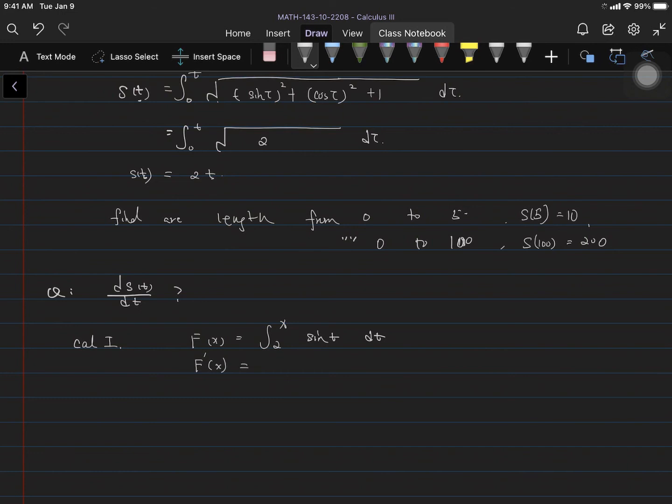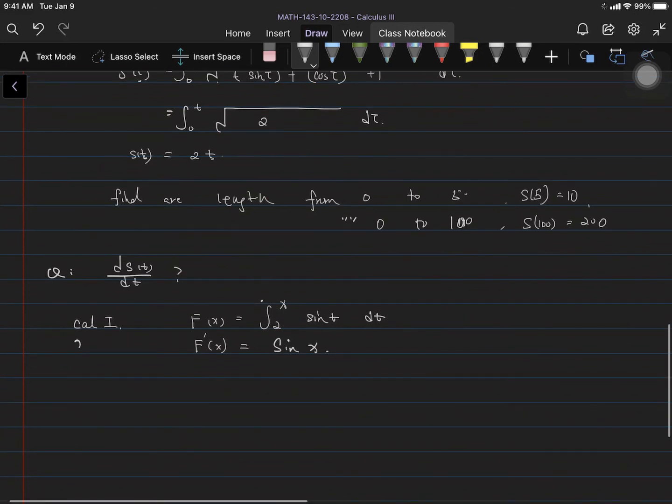This is called the fundamental theorem of calculus. When we take the derivative of capital F, that just equals sine x.